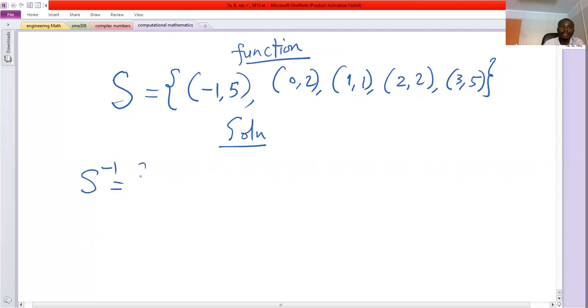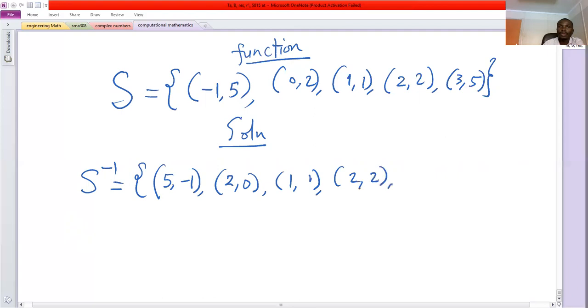So S inverse will be 5, minus 1, 2, 0, and then 1, 1, 2, 2, and then 5, 3.